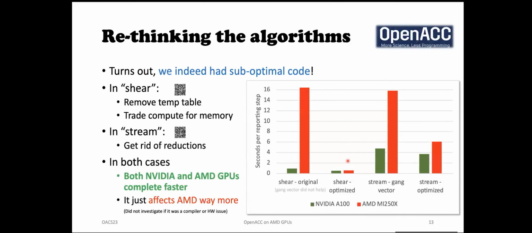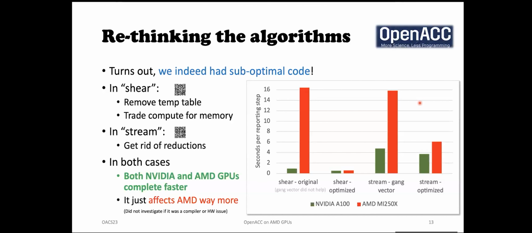For the other code, I was able to simply refactor the code and get rid of reductions. So again, a little less ideal traversal of the memory, but getting rid of reductions. And in both the NVIDIA and AMD GPU cases, it was a win, to my surprise.